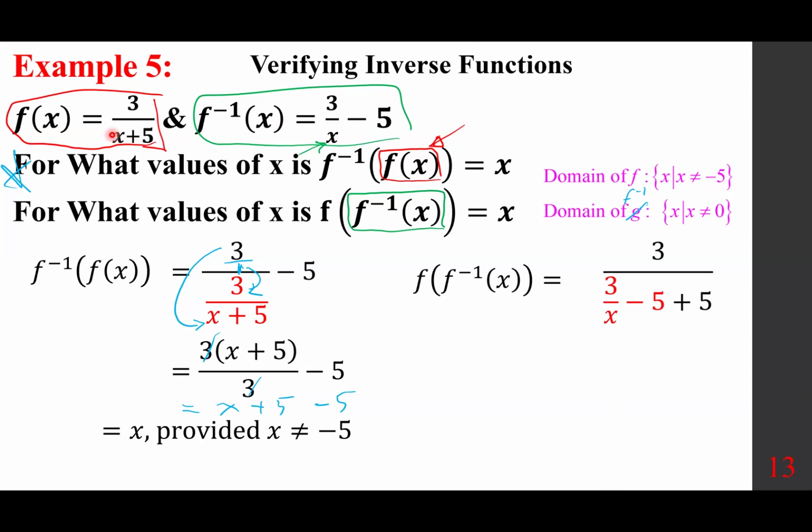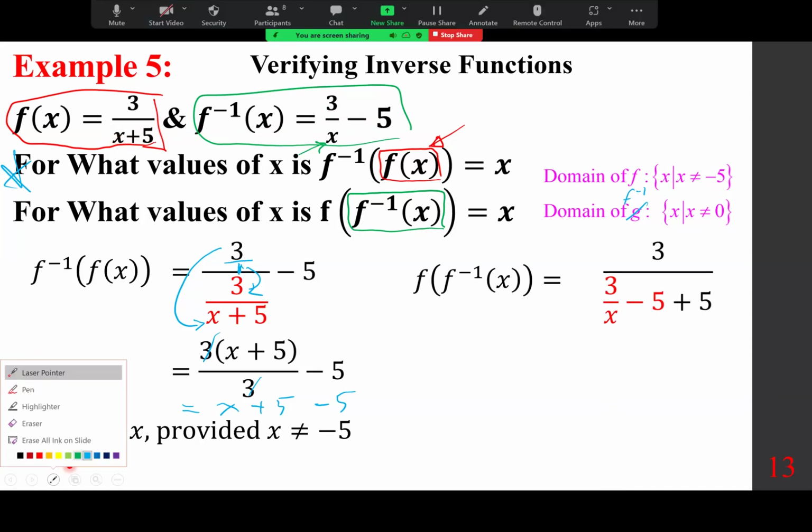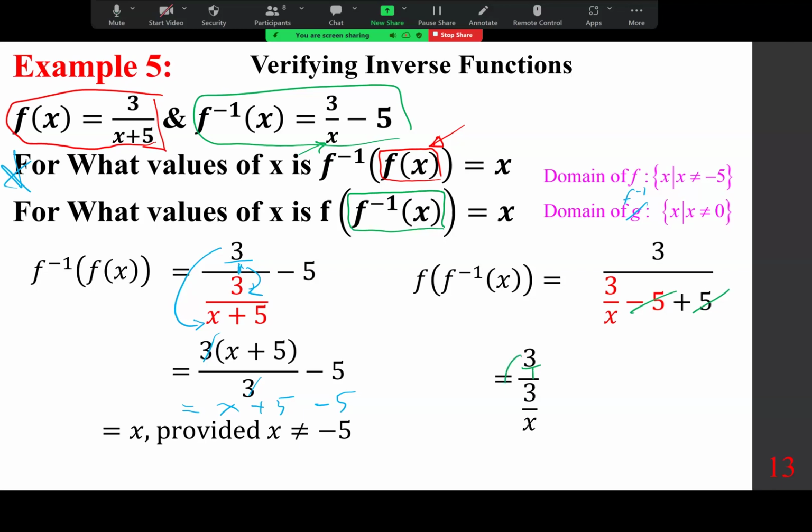So what happens? 3 over x, and again, complex fraction, this is 3x. This is 1 times 3, and the answer is x. And of course, x can't be 0. X can't be 0 because of this.